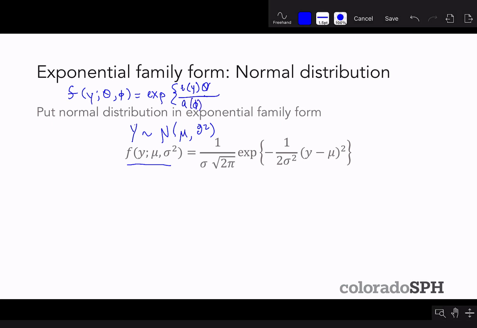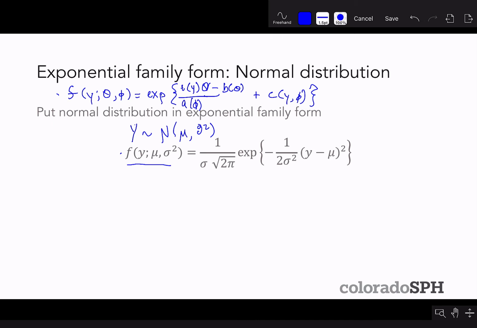And then on the top half here, we actually have minus b of theta plus some function of y and phi, c of y and phi. So we're going to rearrange this normal PDF so it looks like an exponential family PDF like that.